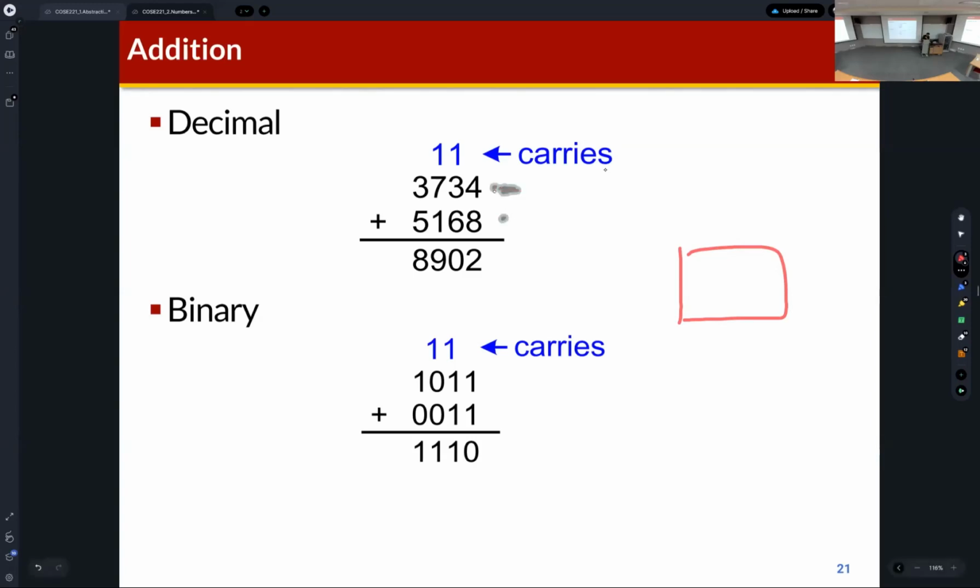How can you perform the decimal addition? It's kind of elementary course.